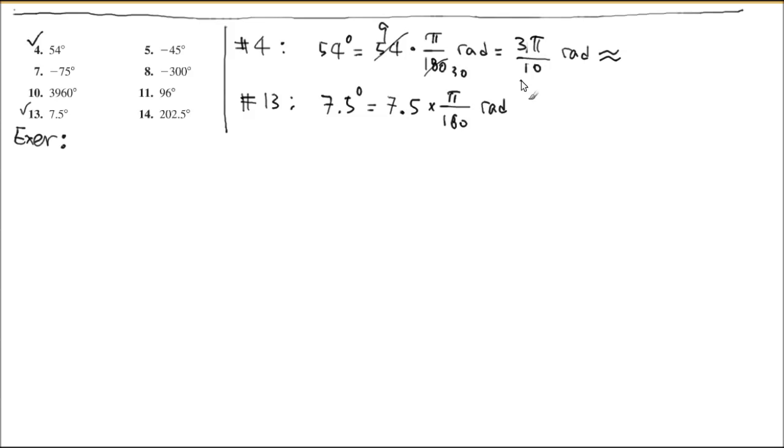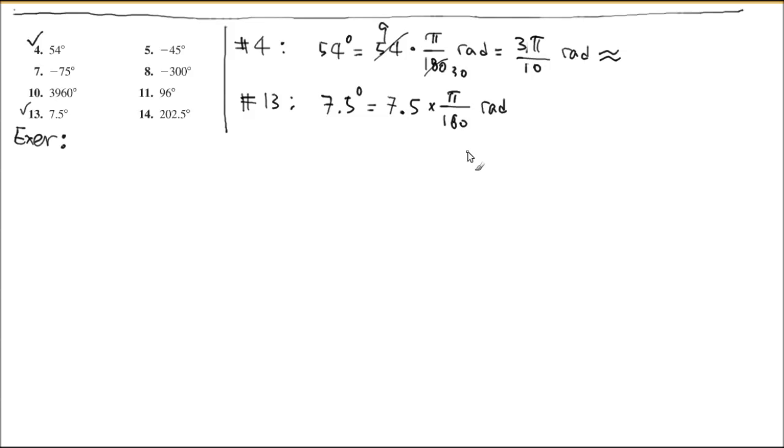So is that exact value or numerical value? This is the exact form, right? 3 divided by 10, the decimal is not neat. Actually, it needs a 0.3, but pi is there. So you can convert this entire 3 pi over 10 into a number, and you can write down the approximate radian there, right? 7.5 is already in decimal, I didn't think about canceling it, but maybe it's possible with lots of 5s in there. So does anybody try that?